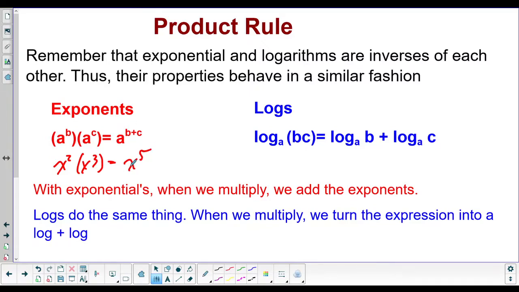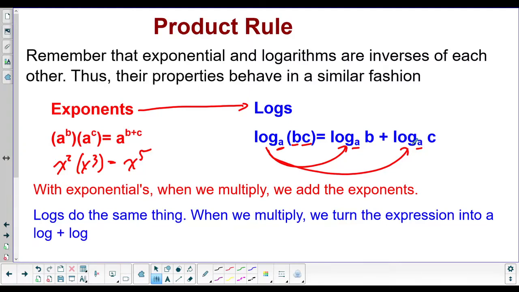For logarithms, because logarithms come from exponentials, we can use the same rule, and you don't really have to figure out what the rule is. Someone else figured it out for us, and you just have to remember how to use it. If we have a logarithm with some base a, whatever it is, it doesn't matter, it's some number, and inside the logarithm we have two things being multiplied together, b and c, what we can do is take the log base a and split it into two logs with that same base.